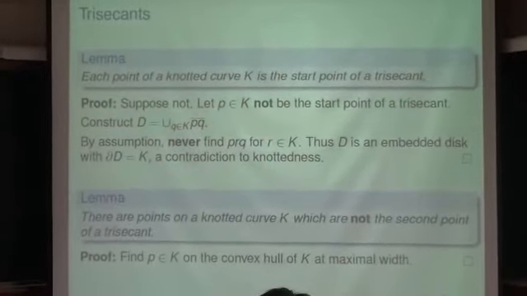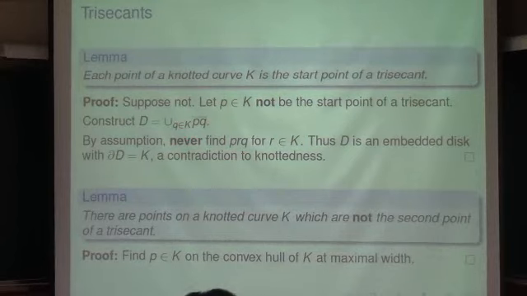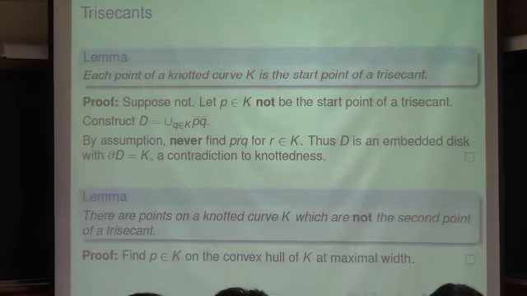And I spent some time on this easy proof because the proof that there are quadrisecants is like this. We make an assumption, we do a lot of technical stuff, we construct the disk, a knot with an embedded disk as its boundary, and that's a contradiction. So the proof of quadrisecants is like this, just longer and harder.